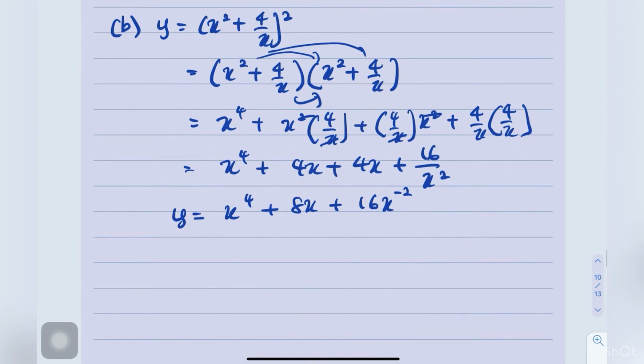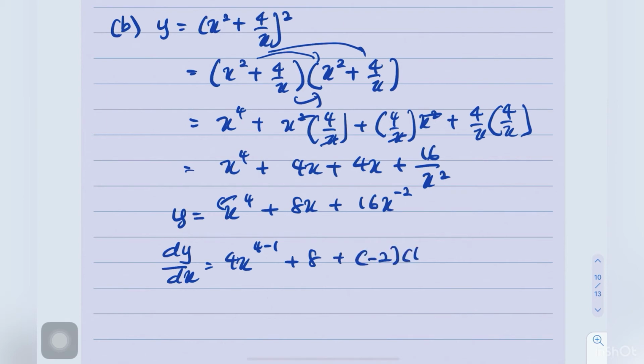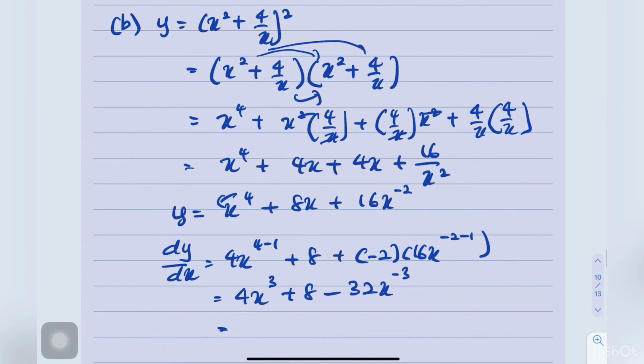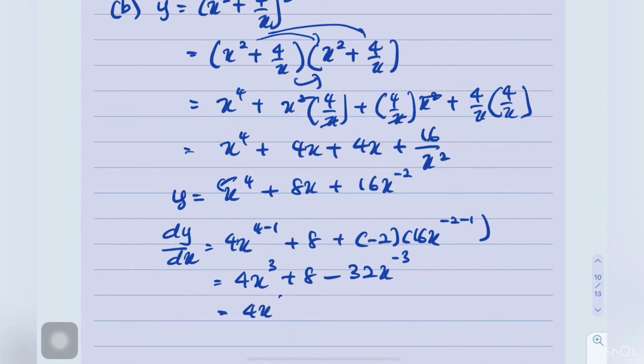Then you differentiate, we get dy/dx equals 4x^(4-1) plus 8 plus (-2)(16)x^(-2-1). So the final answer is 4x cubed plus 8 minus 32x^(-3). Or better, 4x cubed plus 8 minus 32 over x cubed.